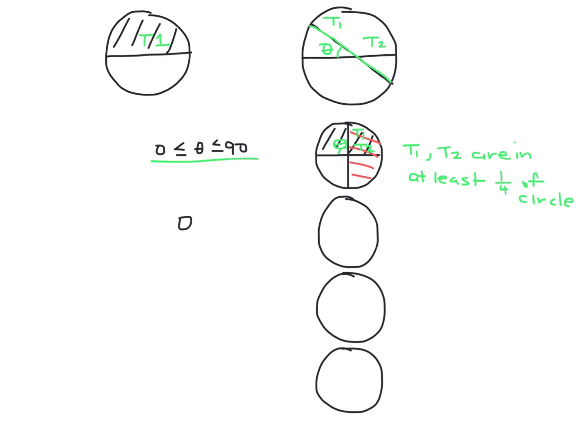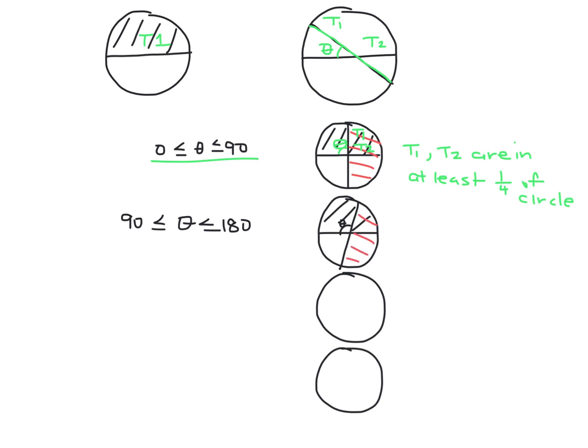What happens if theta is no longer in that category, but between 90 and 180? Now we've got this scenario that this theta is something like this. So you've got initially this section for T1, and then for T2 you got this section.